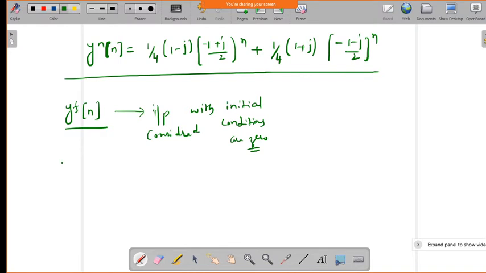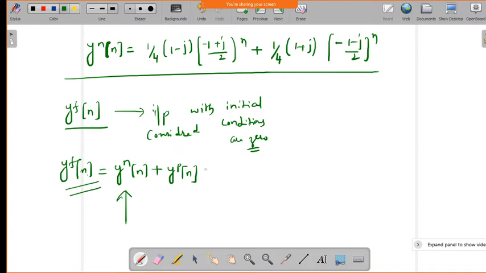The forced response also has two components: the natural response yn of n, plus the particular solution. We already know the natural response is found using the initial conditions, but in the forced response we take only the input into consideration.